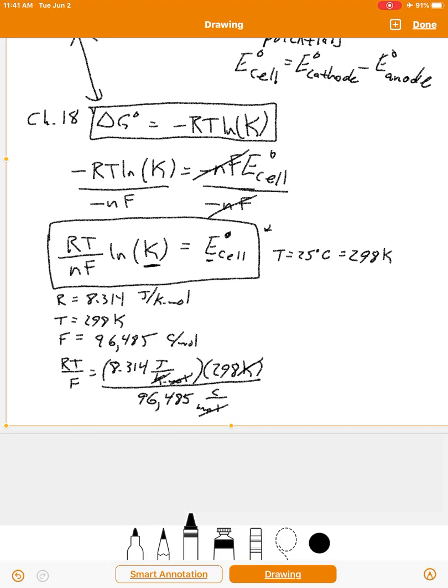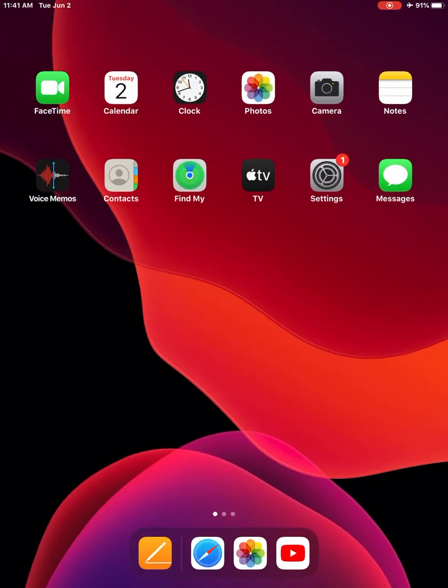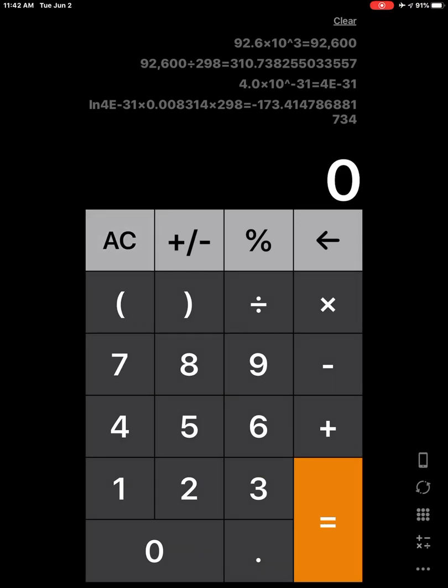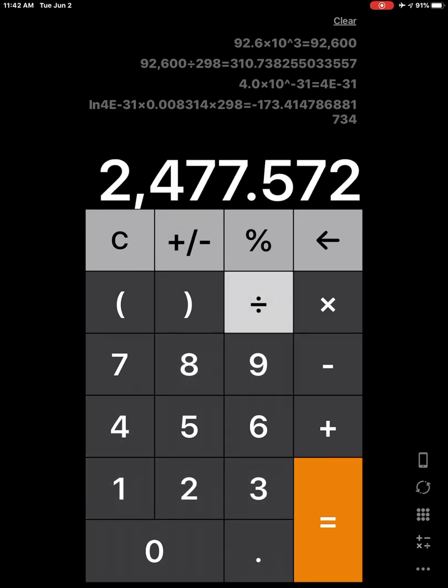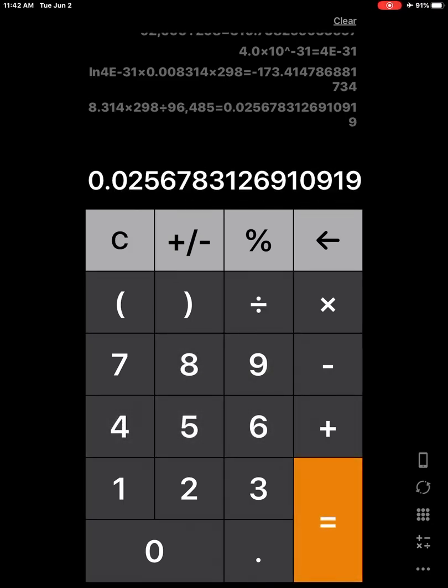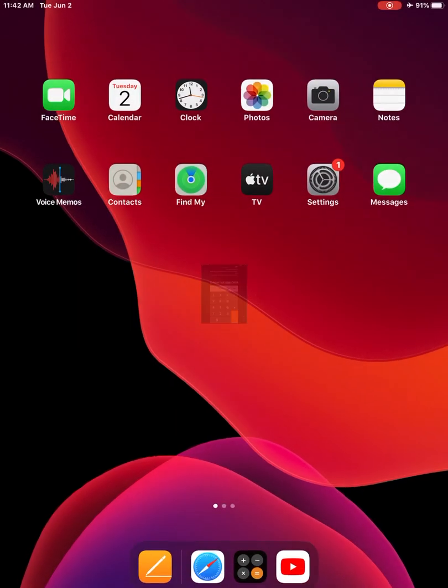So you've got joules per coulomb. It's some number in units of joules per coulomb. Let's figure out what that number is. That's something we should be able to calculate. All right, so RT over F: R is 8.314, T is 298, F is 96,485, and you get 0.0257. I'll round it to 0.0257.